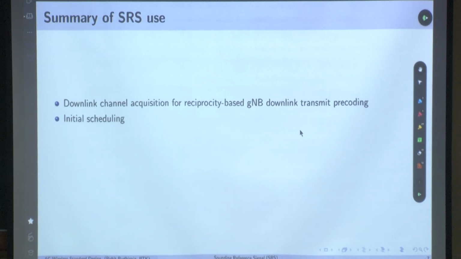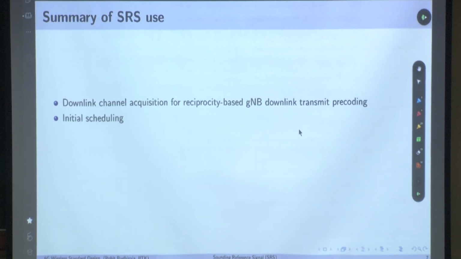How does it estimate? Basically, it assigns an SRS to the user, the user sends this SRS to the base station, and the base station is able to find out how this 100 megahertz channel, or a part of it, looks for this user.